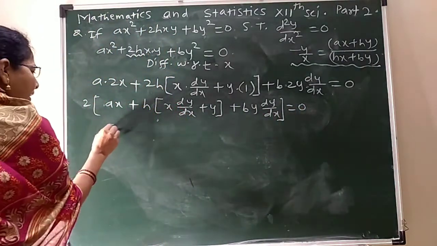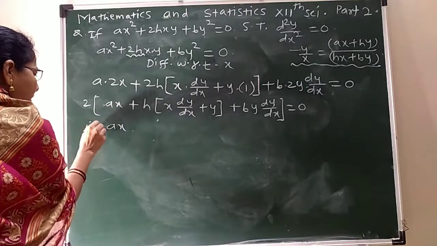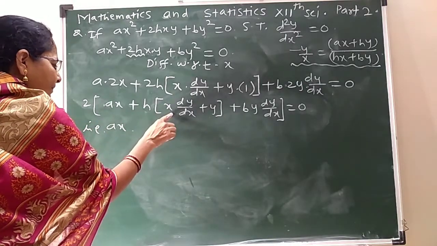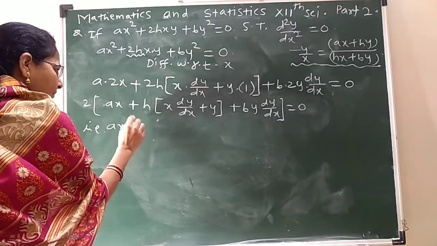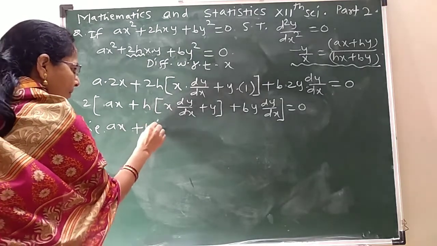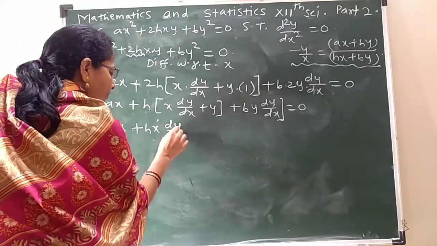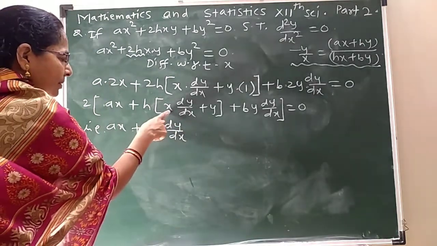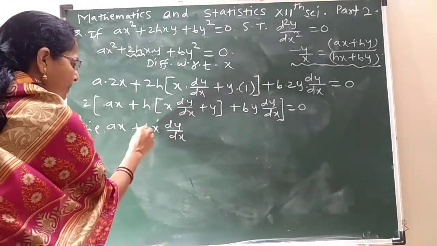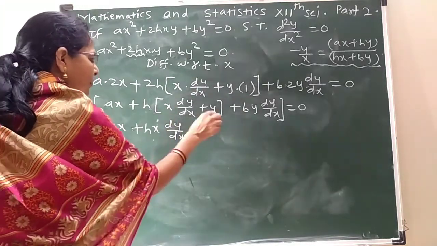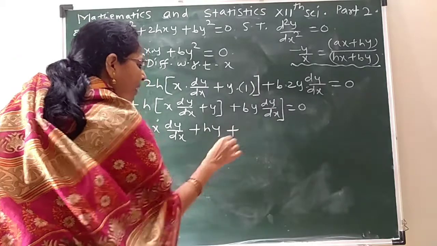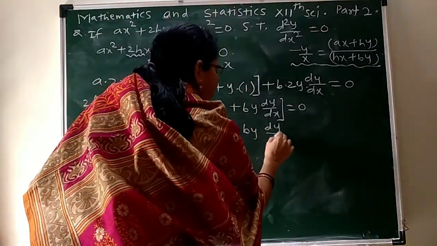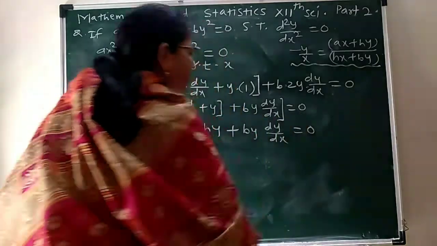So ax, multiply inside by h, hx plus dy by dx, ax plus hx dy by dx plus hy plus by dy by dx is equal to 0.